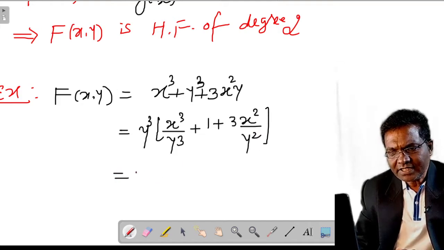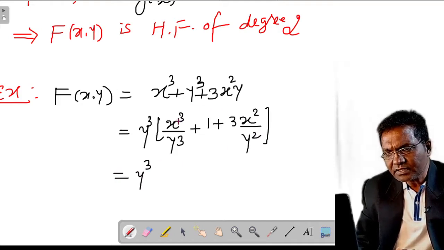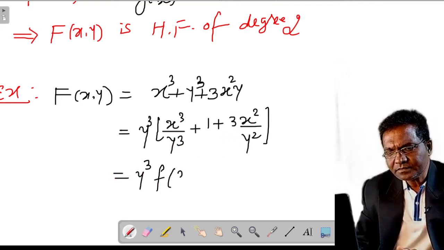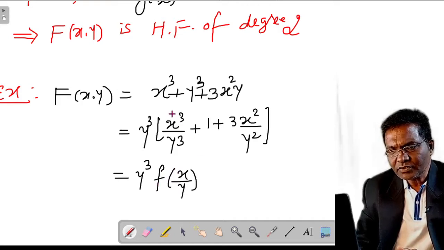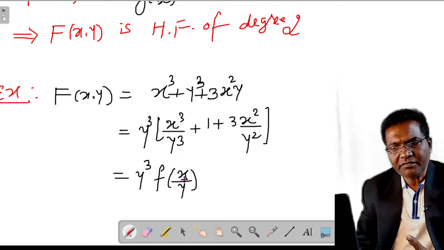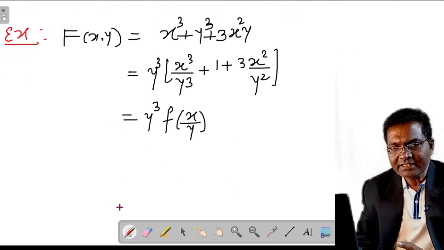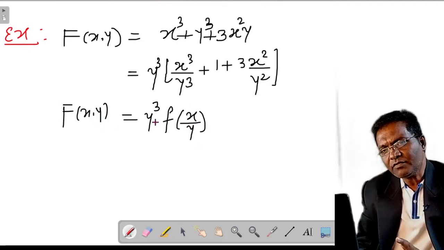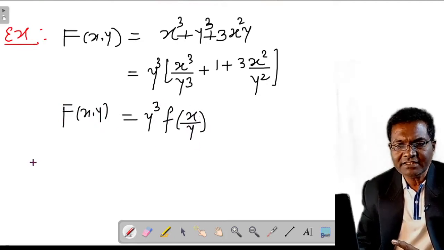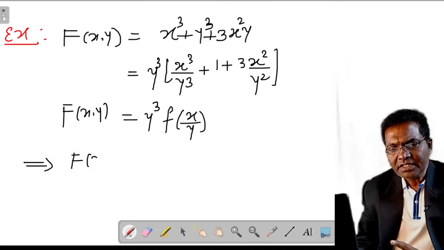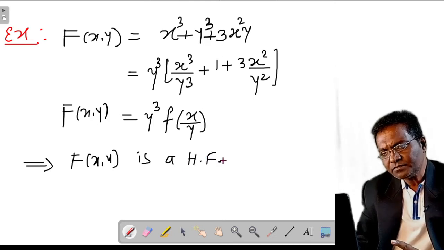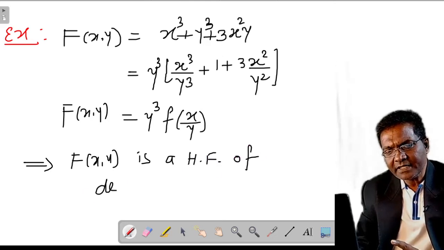Okay, now see here, each term in this bracket is in the form of x by y. So I can write this bracket as a function of x by y. Now see here, this function f of xy is expressed in the form y power n f of x by y. So this implies f of xy is a homogeneous function of degree 3.